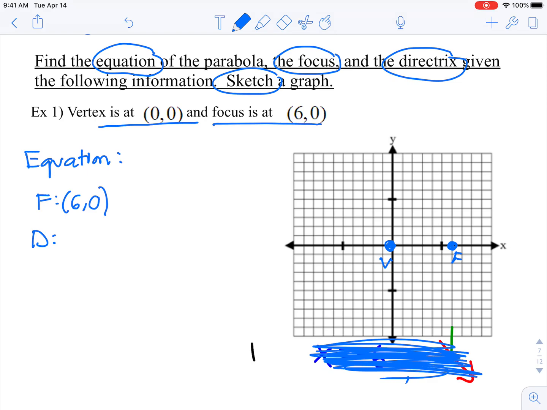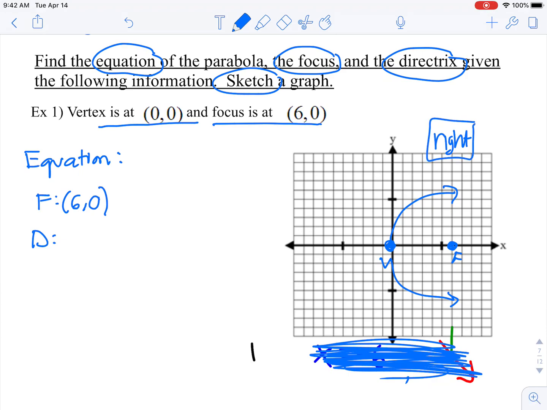Okay, now a couple of things that we know. We know that the focus is always inside the parabola. And therefore, based on the position of these two, we know that the parabola has to be opening to the right. Okay, so again, look for that key detail.